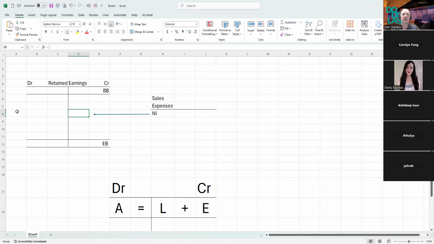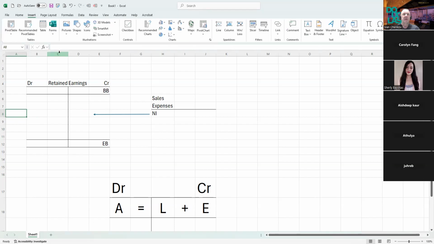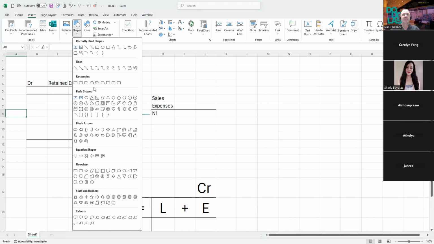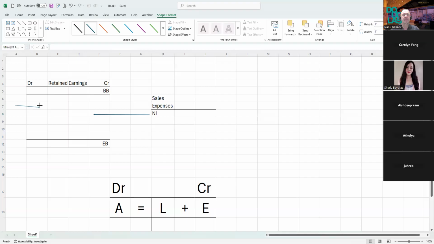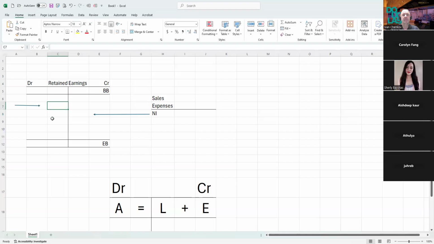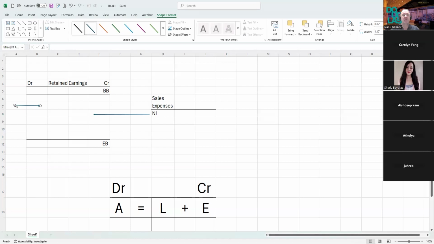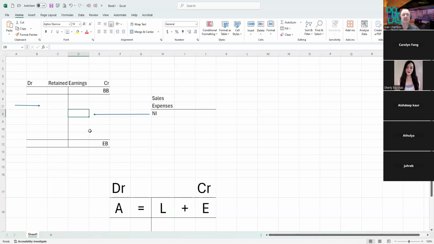What's going to reduce the retained earnings? What's the first thing that reduces the retained earnings? Net loss. What represents the net loss in this case? The net income increases the retained earnings. Net loss will be when the expenses are more than sales, correct?